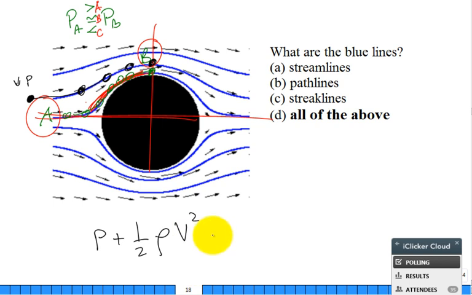Is equal to, what is C? A constant. So if my speed goes up, what does the pressure do? Goes down. If the speed of the fluid goes up, and the sum of these two terms needs to be constant, then the pressure has to go down.